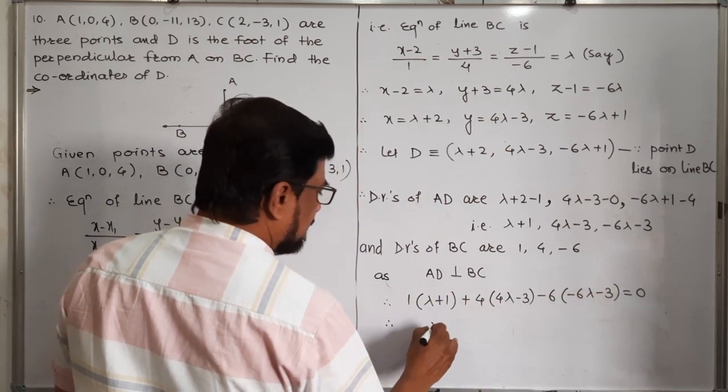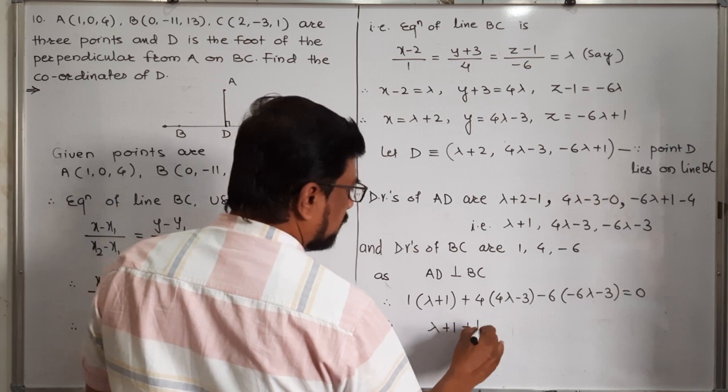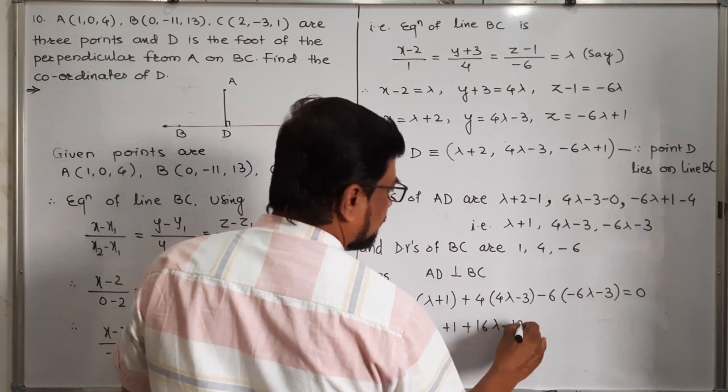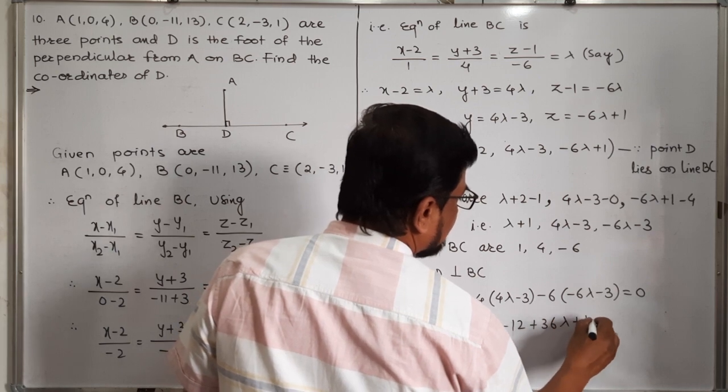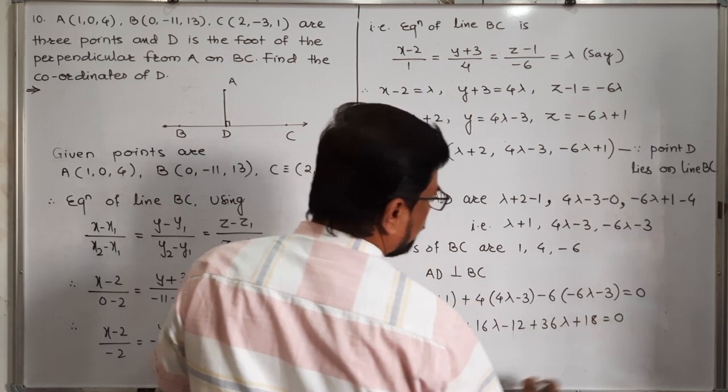Therefore, lambda plus 1 plus 16 lambda minus 12 plus 36 lambda plus 18 is equal to 0.